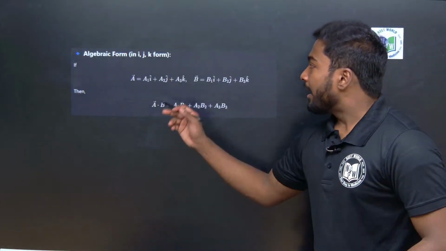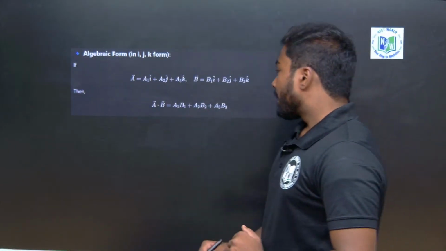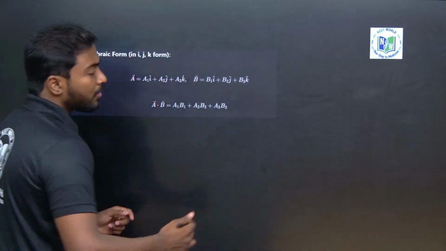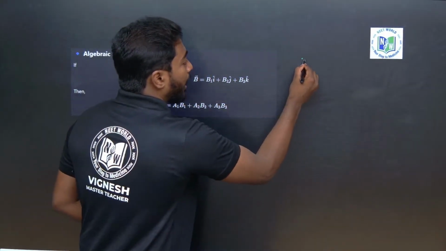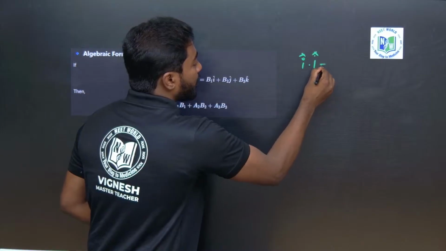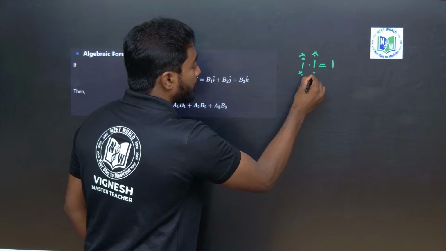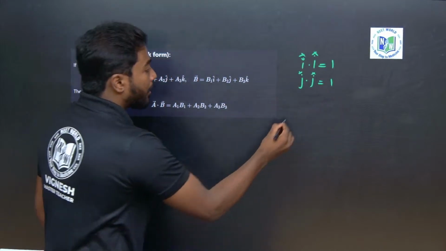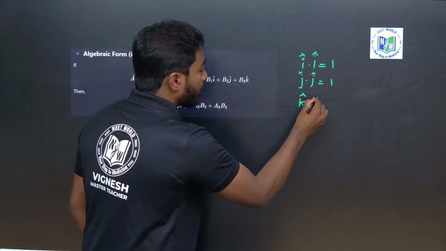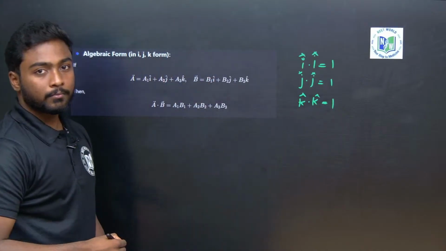Now one more thing, for the dot products: i dot i is equal to 1, j dot j is equal to 1, k dot k is equal to 1.